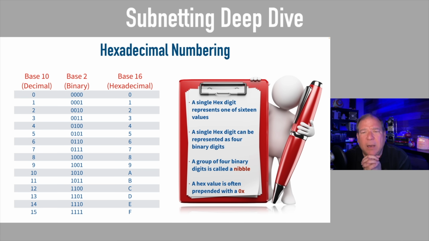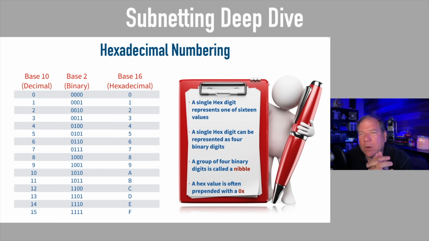But here's the challenge. Let's say that I had the number 22 in hex, and I had the number 22 in decimal. They both look like 22. But they have very, very different values. So how do we say that this is a hex number and not something else?